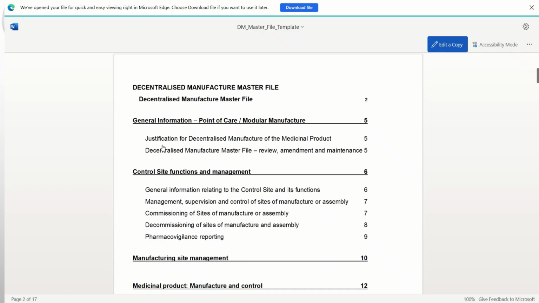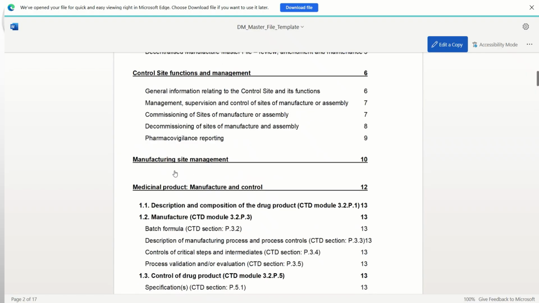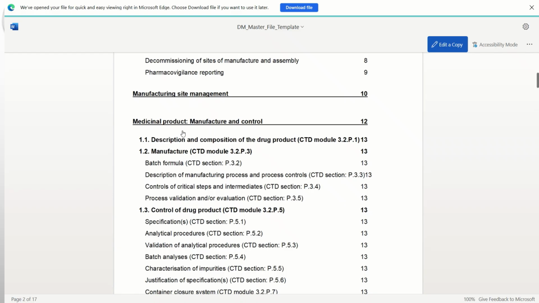It will have all the general information, your control sites, functions, and your management. So what are your systems in place? Manufacturing site management information, and then information on your medicinal products, which is based on your CTD dossier. The presentation of information is based upon this, so you don't have to re-prepare documents.